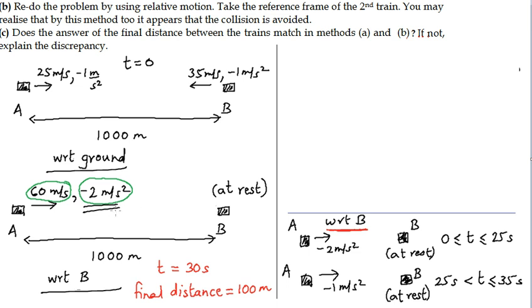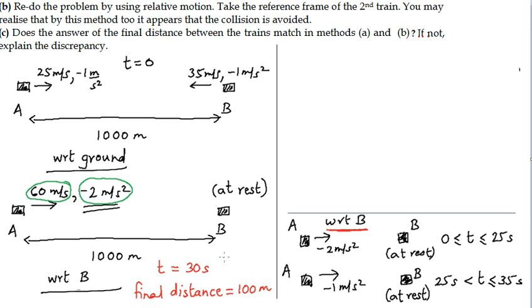Notice that under that assumption, the process lasted for a total time of 30 seconds, whereas in reality, for the first 25 seconds of the process, the acceleration of A with respect to B is no doubt equal to minus 2 meters per second square, but thereafter it's not minus 2 but minus 1 meter per second square.